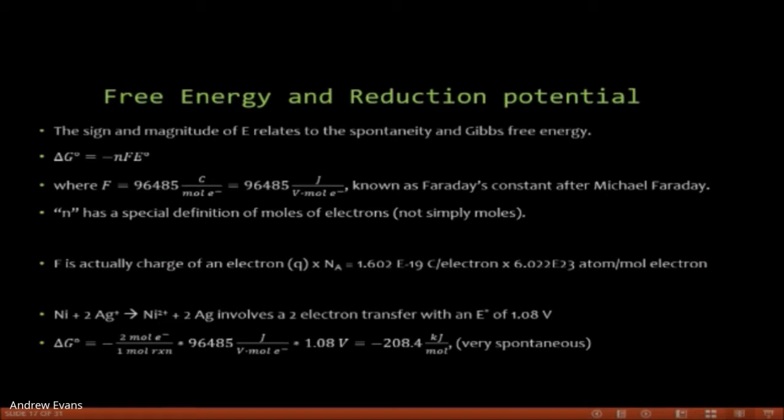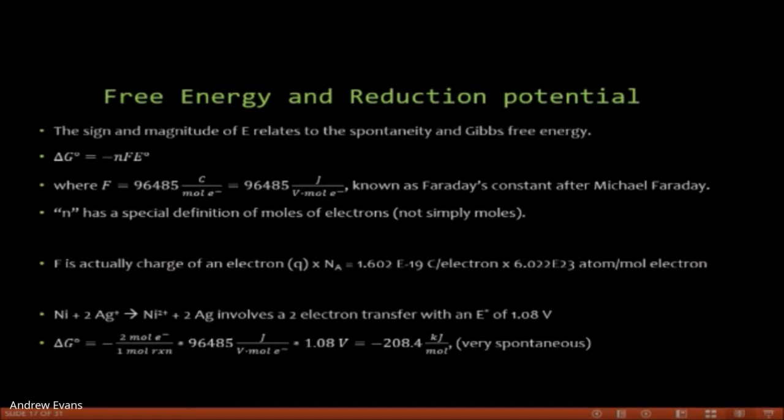Notice it is the reduction potential table. All of the values on the reduction potential table are given as reductions. So one of the reactions will match the half reaction exactly. One of the reactions will be the reverse of your chemical reaction.